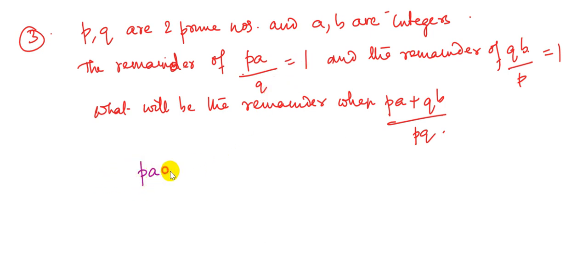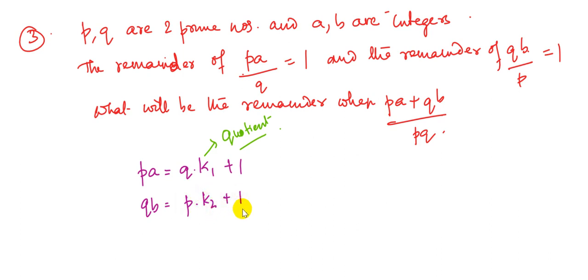It means PA is equal to Q into K1 plus 1, where K1 is the quotient. Similarly, QB is P into K2 plus 1. Now I have two equations, 1 and 2.